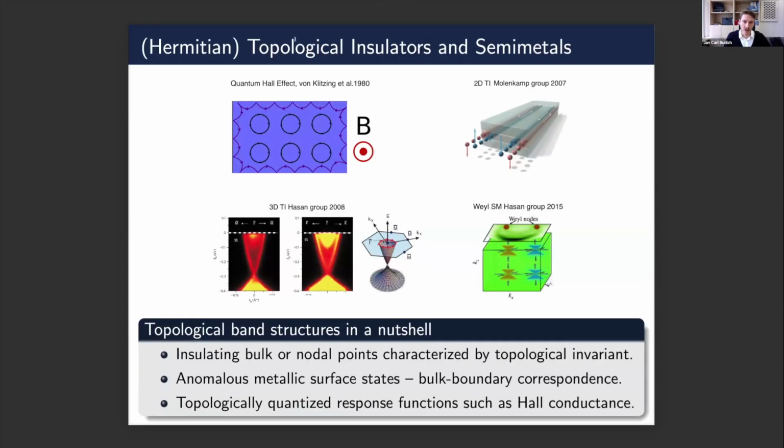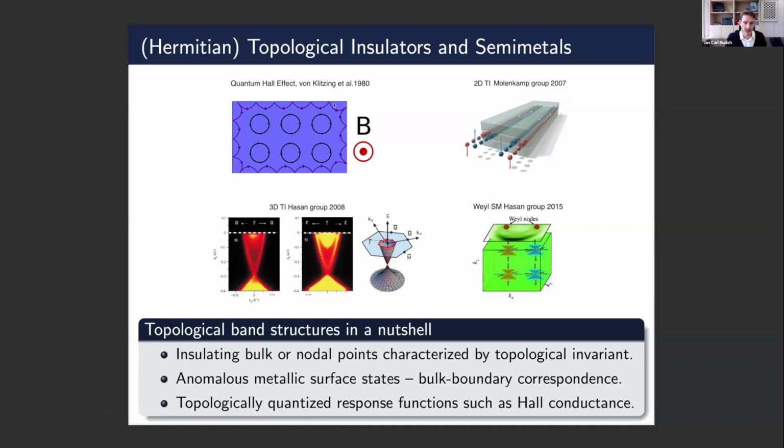So then topology is the second ingredient at a very basic level. I'm interested here in these topological band structures where an insulating bulk or nodal points, like in the case of Weyl semimetals here, are characterized by a topological invariant, and as a consequence there are anomalous metallic surface states via a bulk-boundary correspondence, and there can be topologically quantized response functions such as a Hall conductance.